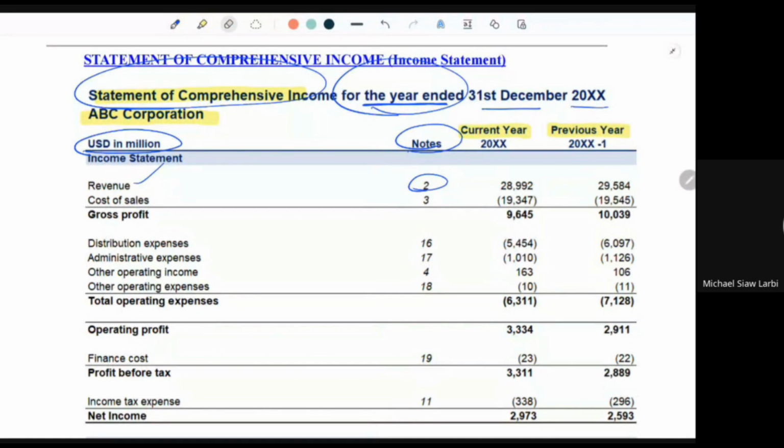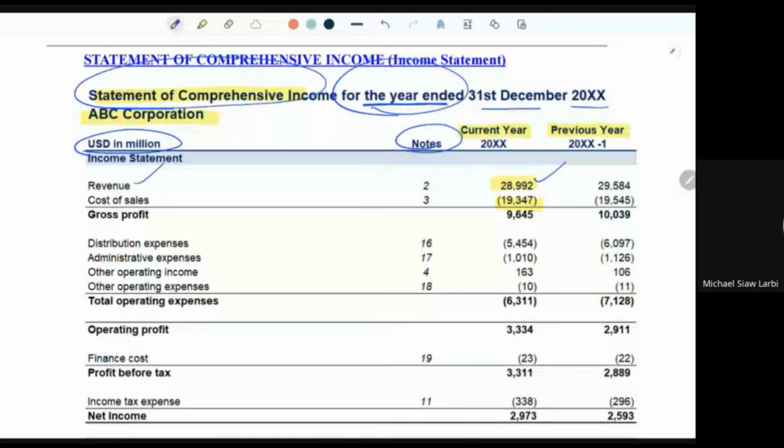Now watch this one carefully. It means that we have revenue of 28.9. This is what will be in billions, right? We incurred cost of sales of 19.3. So remember the lady who is selling the wigs I mentioned. It means you made sales of 28.9.